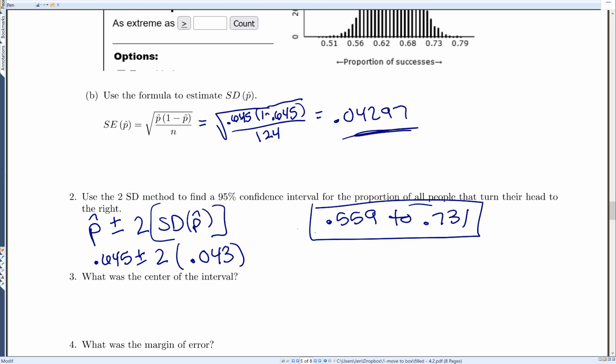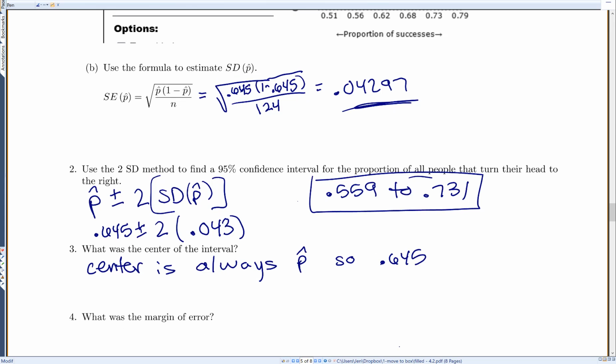Also much more accurate. I can go out to the thousandths place, or ten-thousandths, depending on how you want to round. When I look at this interval, where was it centered? The center is always p hat, so 0.645, that's always the middle of the interval.